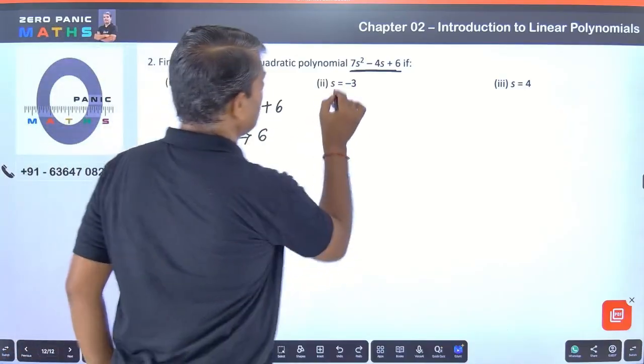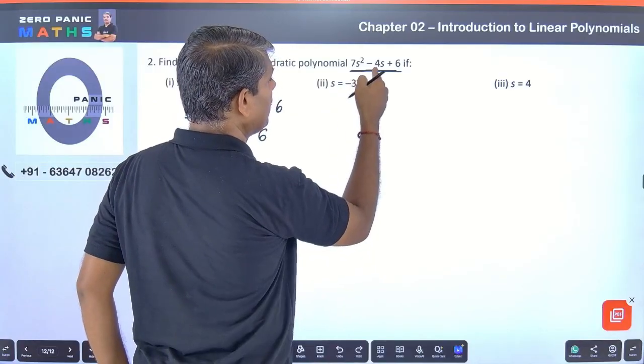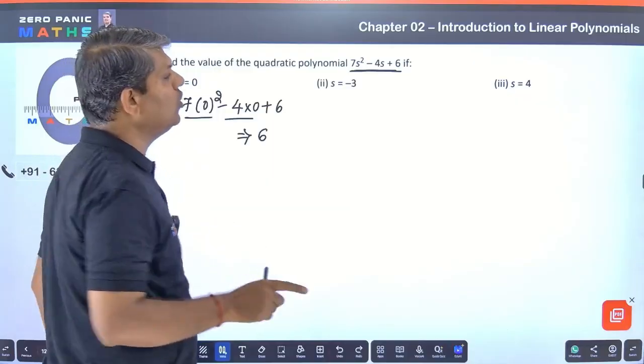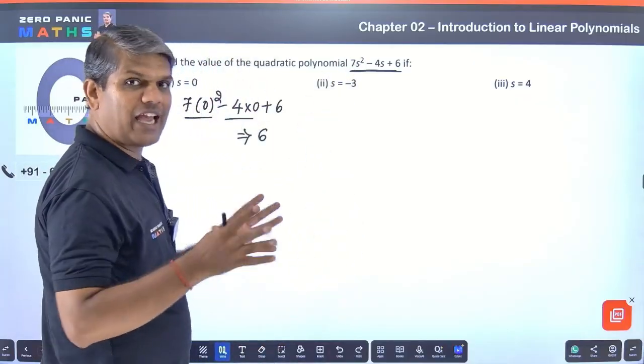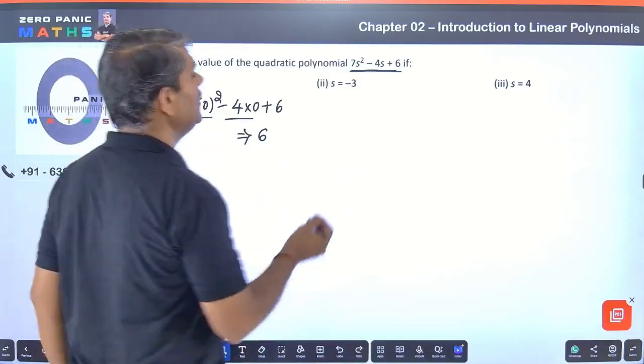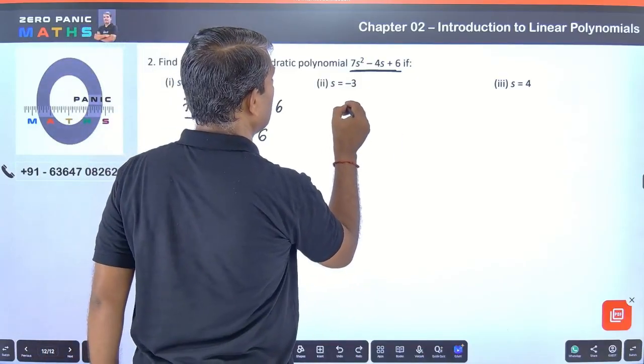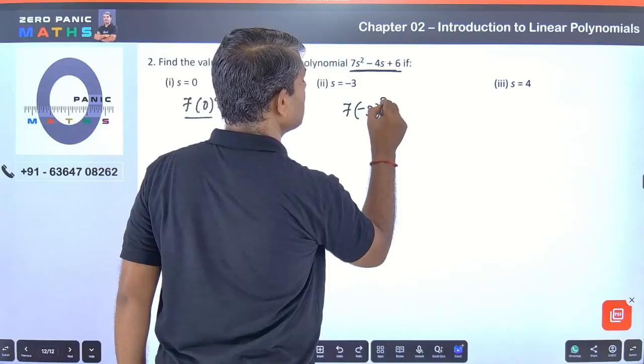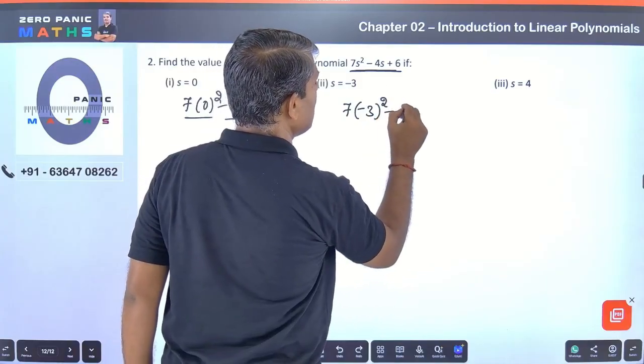Simple. Here you have to be careful while putting in the values, because if there is a negative value and a square, it actually makes a difference. Now let us put in the value minus 3 in 7s square minus 4s plus 6.